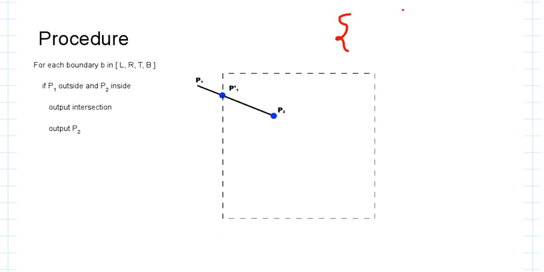This you need to store in your output vertex set, which will define the resulting polygon, as well as you need to include the point inside the clipping window into your resulting vertex set. So you need to follow this condition when one end of the polygon edge is outside your clipping window and the other point is inside. Now go to the next condition.